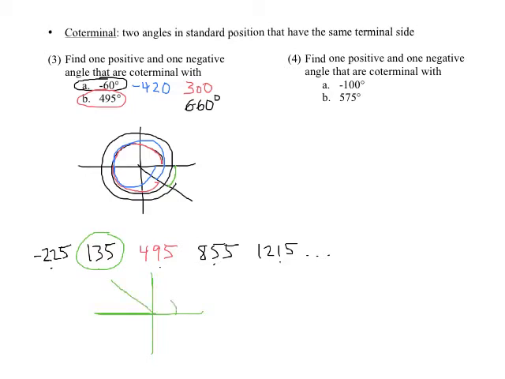So this is 135 degrees, and 495 degrees would be once around and then ending at that same spot at 135.